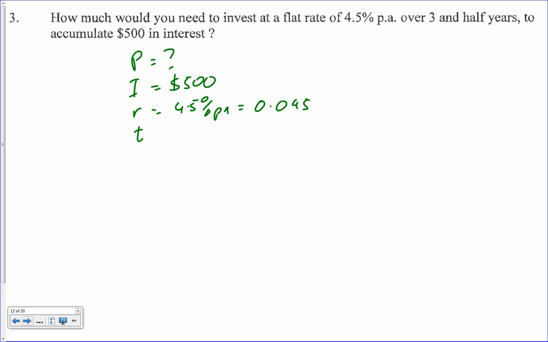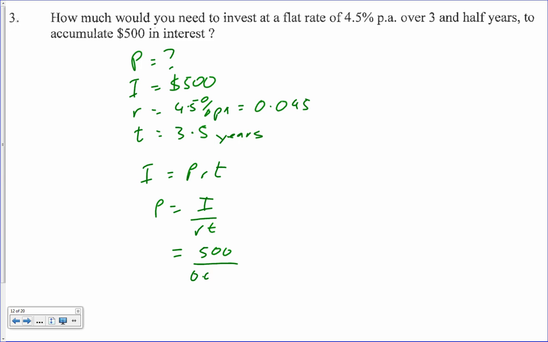And time equals 3.5 years. So I equals PRT, or P equals I over RT, so equals 500 over 0.045 times by 3.5.